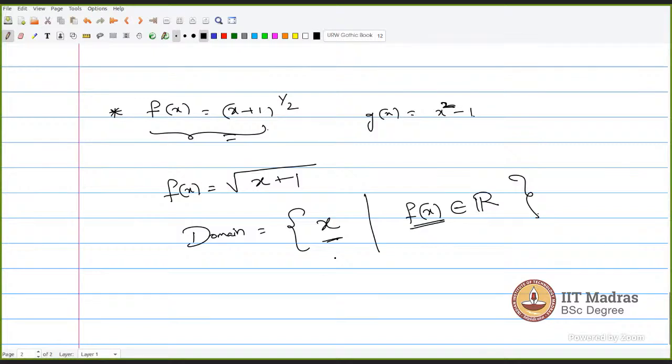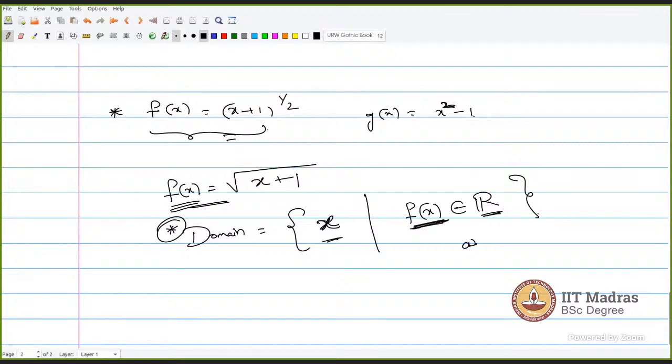Now what I want is that f of x should be a real value. It should be positive, because it is in a root. I am just talking about what the domain of a function is. The domain of a function is the set of all x such that f of x is a real value or well defined.